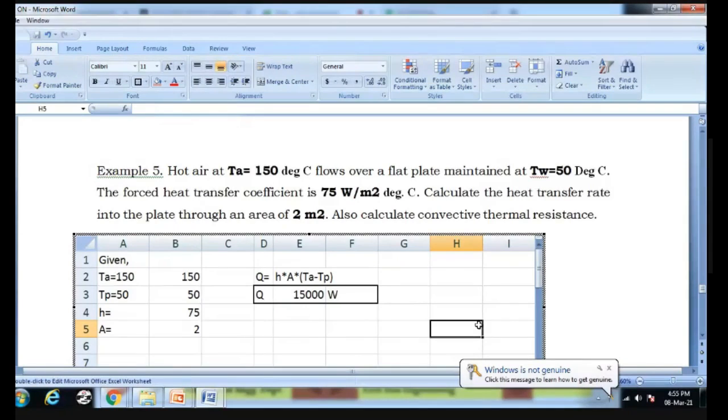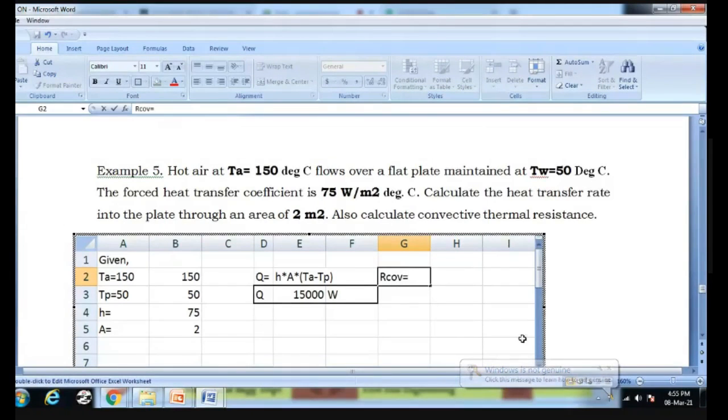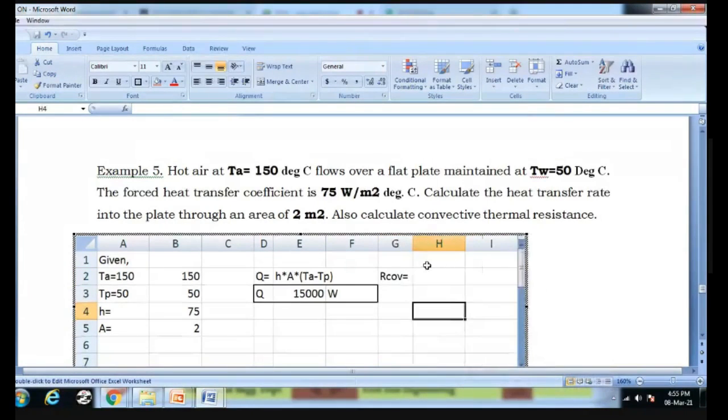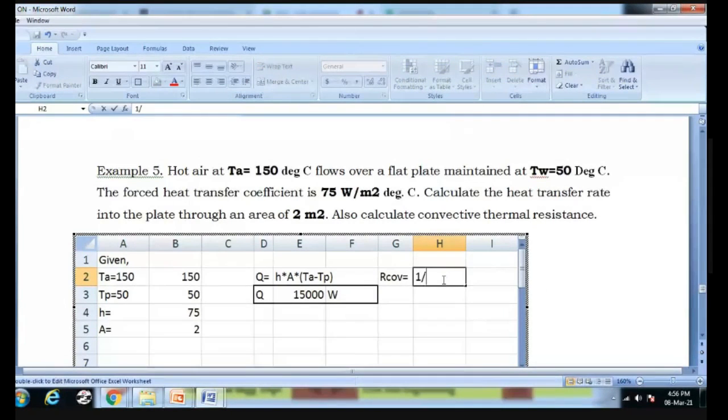And what is asked there? The convective thermal resistance. So the convective thermal resistance R_conv is actually equal to 1 upon H into A. Right? So 1 upon H into A. H is this, A is this.